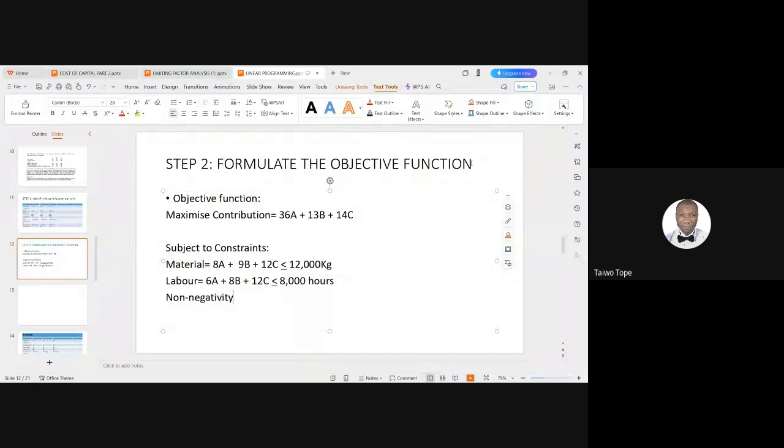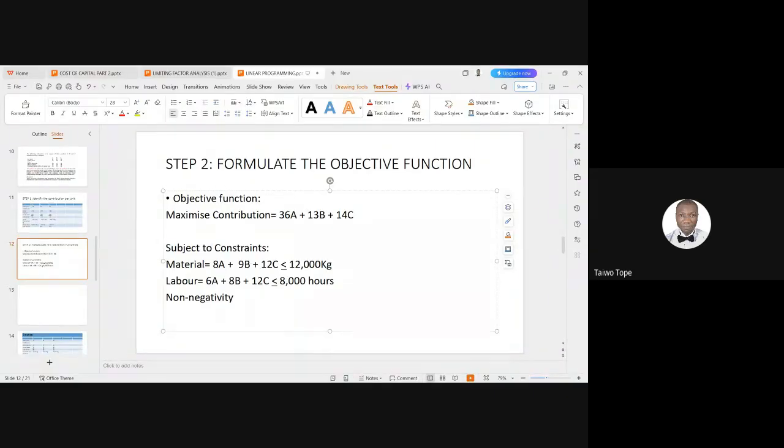So, non-negativity. In our discussion about non-negativity, what did we say? It will be greater than or equal to 0. What is that thing that was greater than?